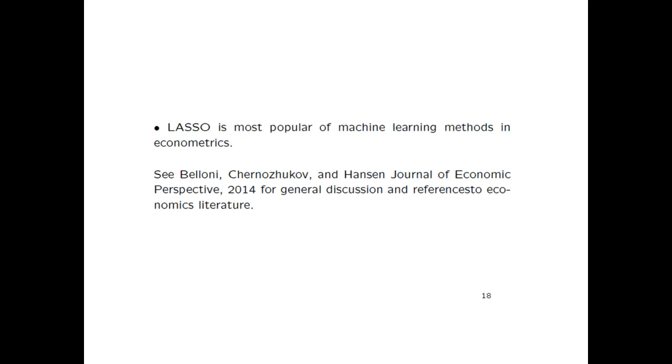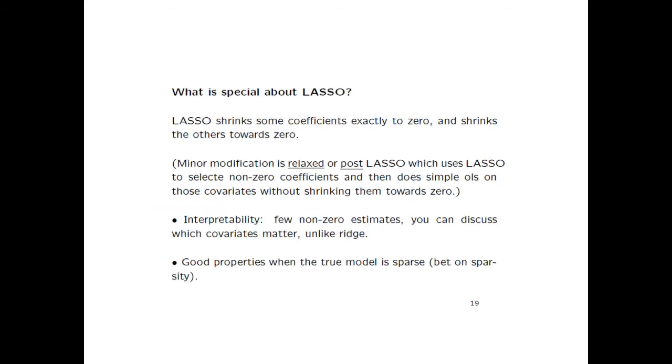Ridge just swings everything towards 0 more smoothly, and Lasso swings things exactly to 0 for small values, and then it's linear, but it doesn't go back to the least squares values.